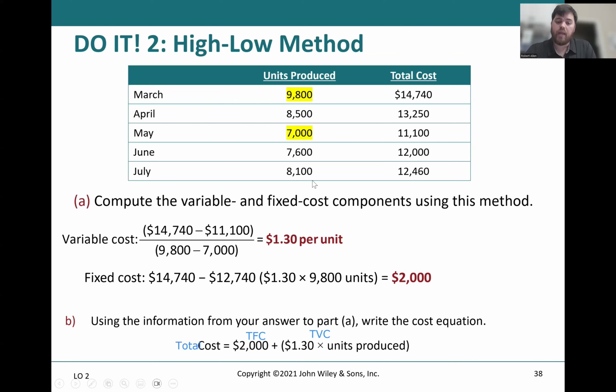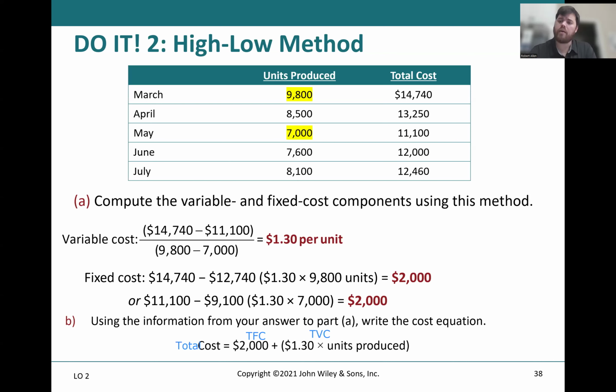And when you plug in, they said, well, let's figure out the fixed cost. They did 14,740 minus 1.3 times 9,800, and they got $2,000. So they used the high point to figure out the fixed cost component, or they can show you with the low point.